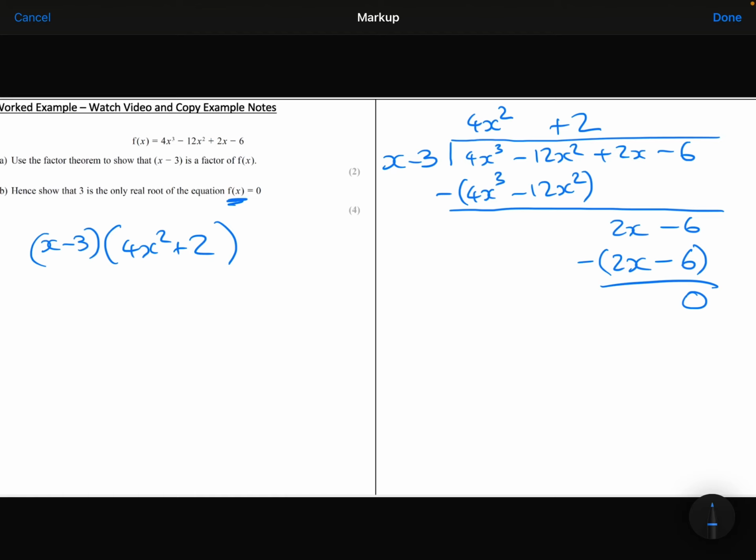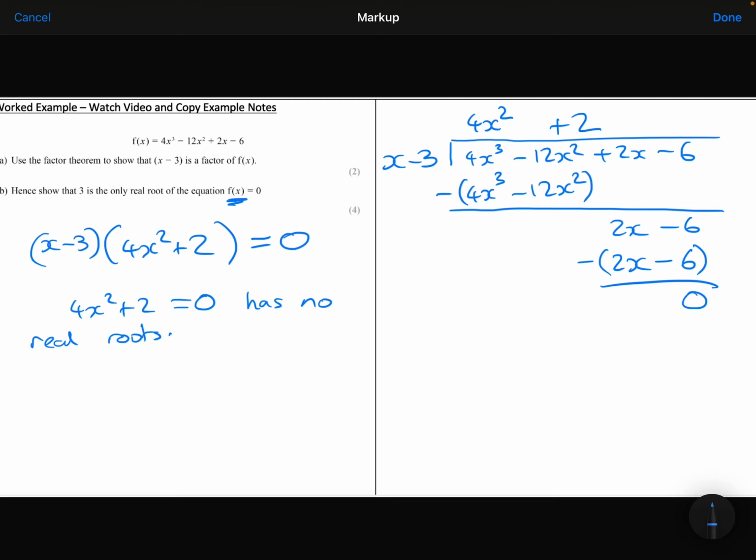I can now use this to show that 3 is the only real root of the equation when this equals 0. I can do that because 4x squared plus 2 equals 0 has no real roots.